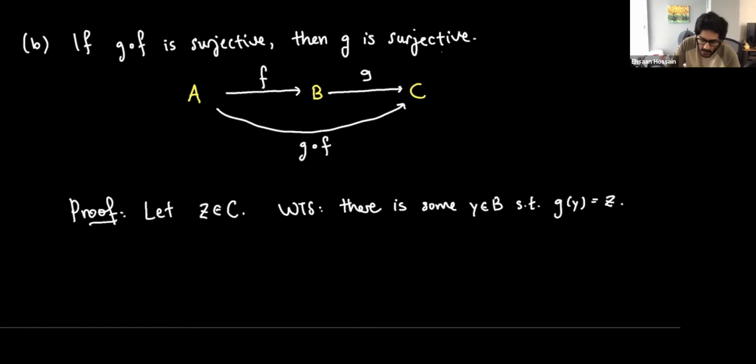What about X? Well, I'll use X for elements of A, Y for elements of B, and Z for elements of C, just alphabetical order, to keep things straight notationally. So I want to show there's some Y that hits Z.